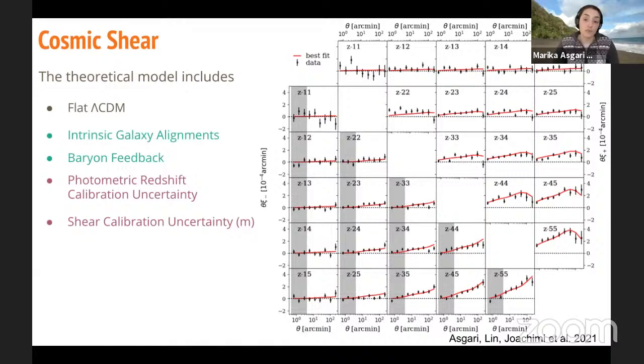We have the intrinsic alignments of galaxies, and we have the effect of baryon feedback. And then the second group is looking at observational nuisances. So we have the uncertainty in calibrating photometric redshifts or calibrating the shear, or the shapes of the galaxies. So the 2 main ingredients of the analysis.